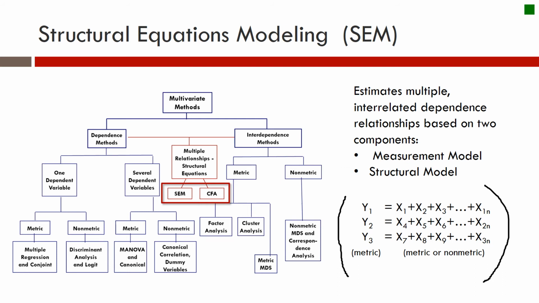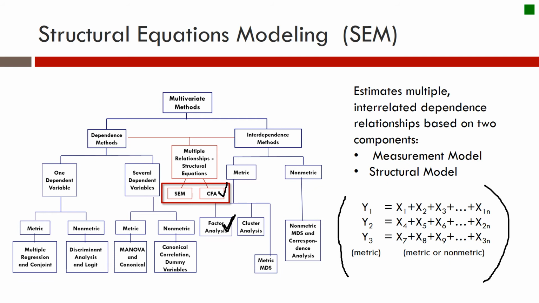The CFA that you see in this little box here is another factor analysis. It's another type of factor analysis, only we use it when we actually test a model. So in factor analysis here, we were talking about exploratory factor analysis, and that is where we let the data drive the outcome.